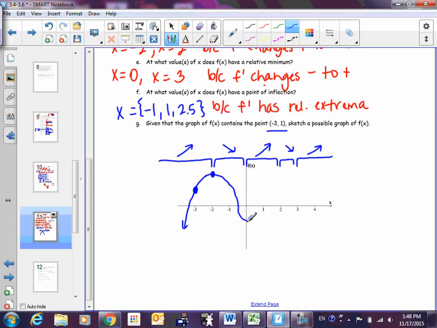And I don't know how far down this should go, but I know that by the time I hit 0, I've gotten a relative min. And then I start increasing. Again, I don't know how low this point should go. This is why this says sketch a possible graph. Just a sketch.